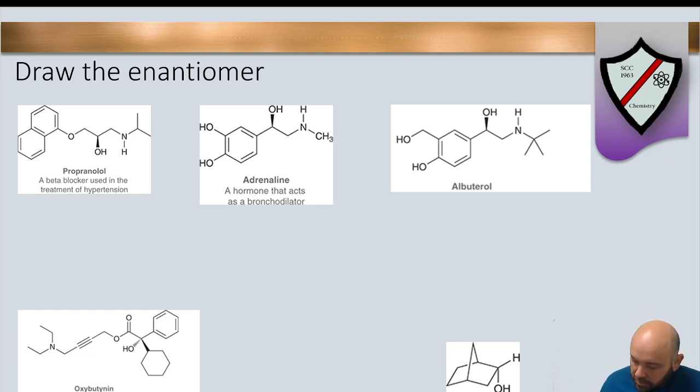So when I draw the enantiomer for propranolol, up here in the top left corner, I will draw the two phenyl groups. See how well my art is today.